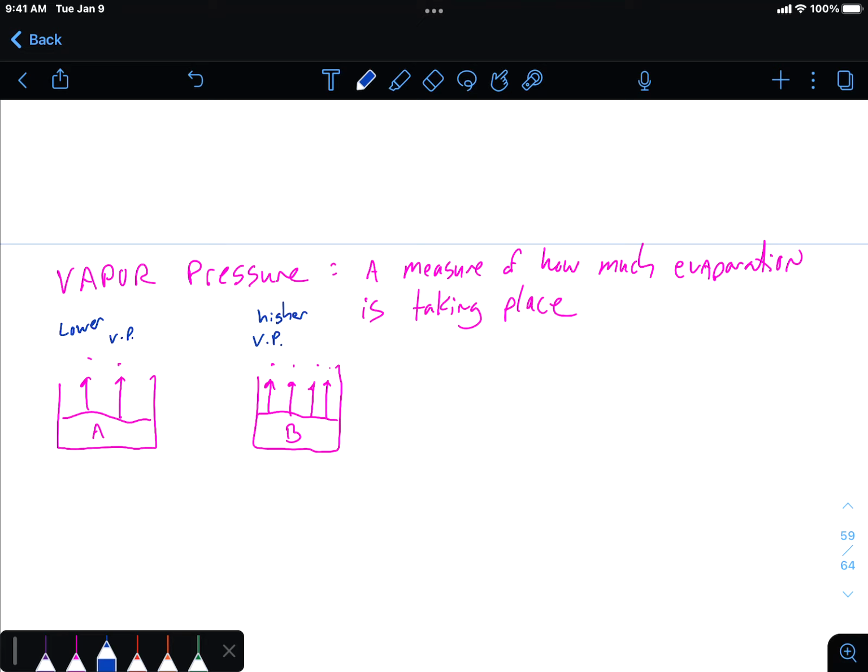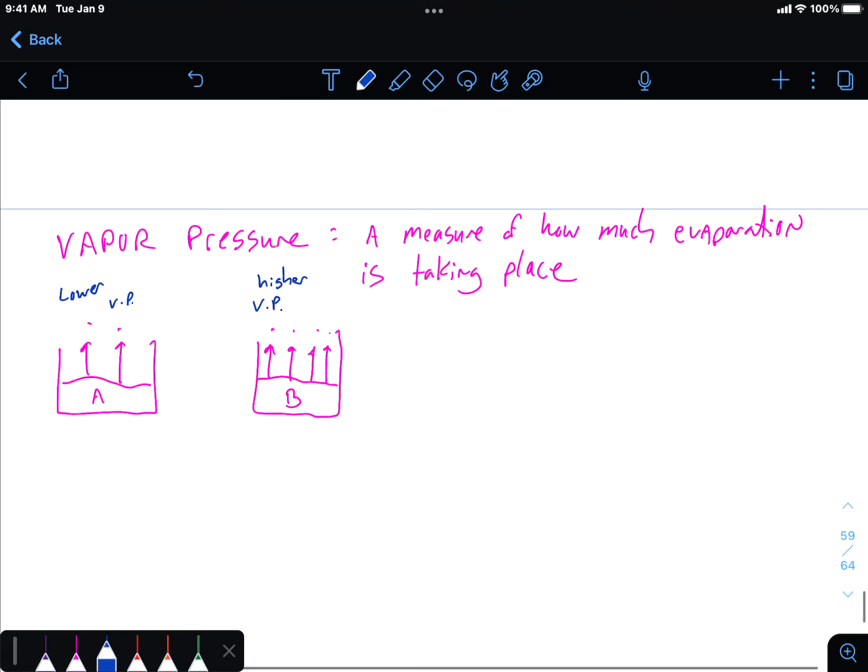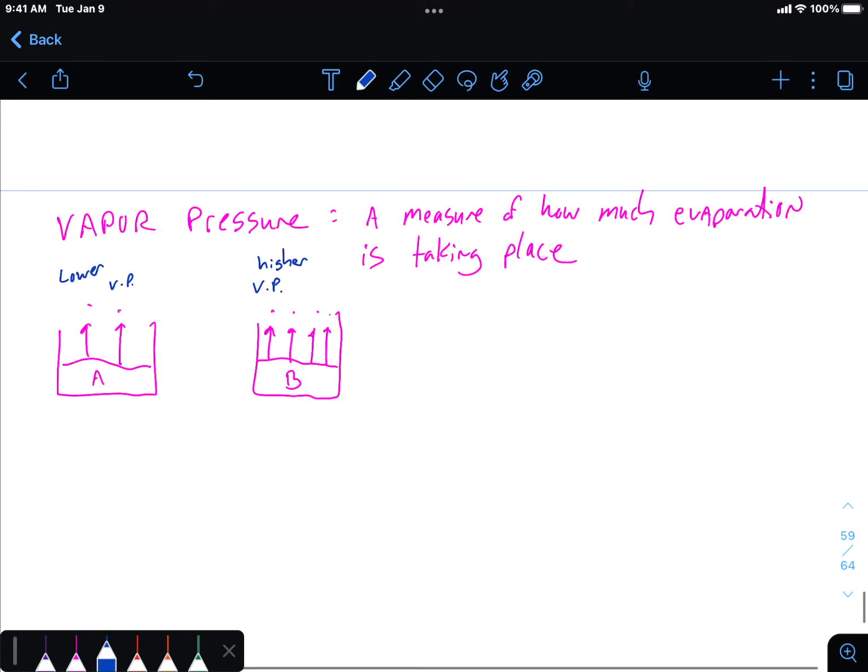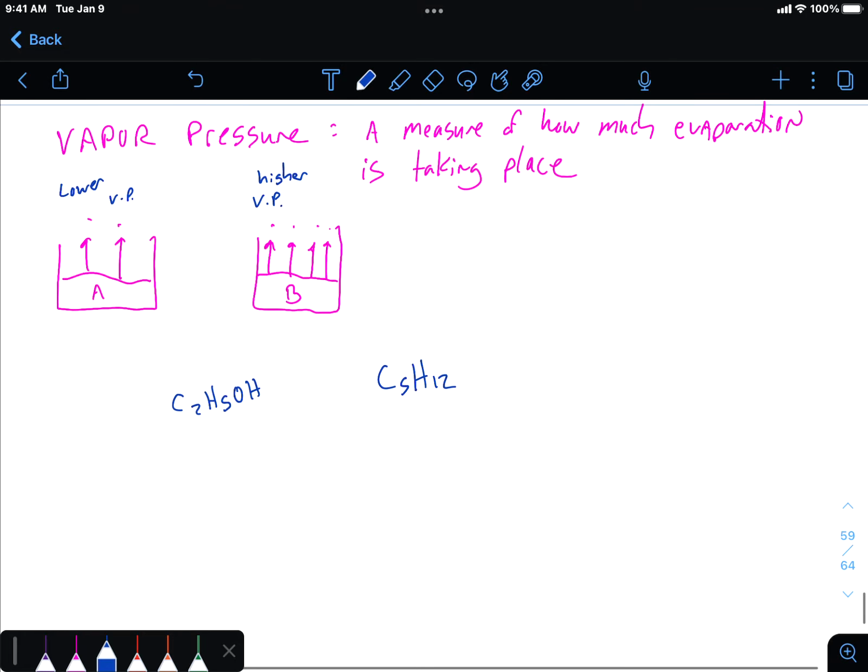Okay? So let's try that. Let me give you a couple of liquids here. Using some liquids that we had in lab. We used these two in your lab yesterday. If we diagram them out, here is the first one, and again, here is the second.